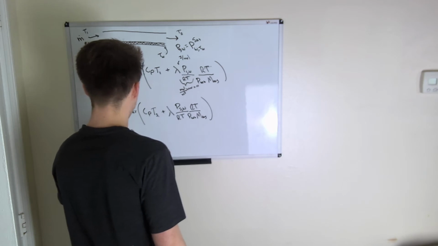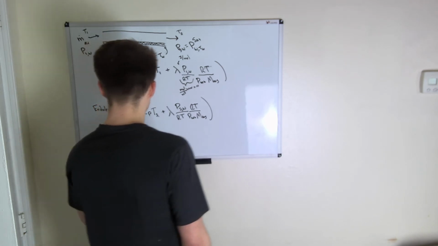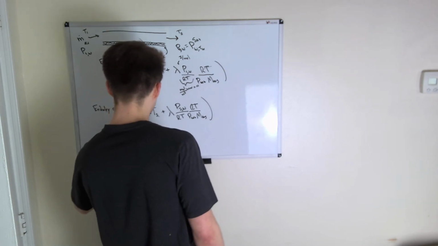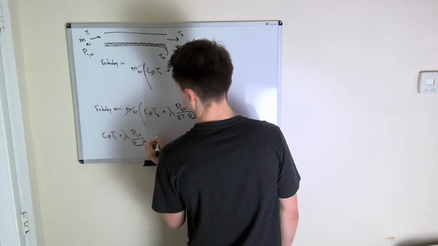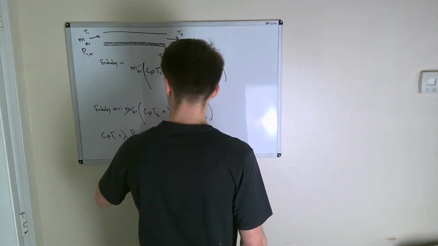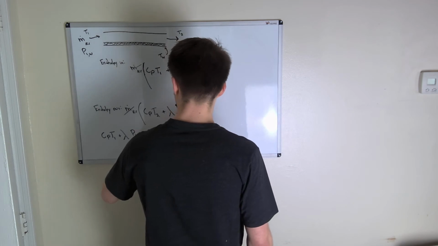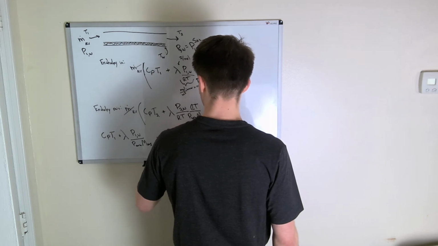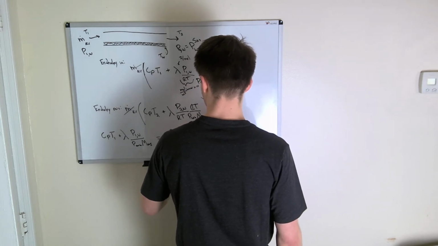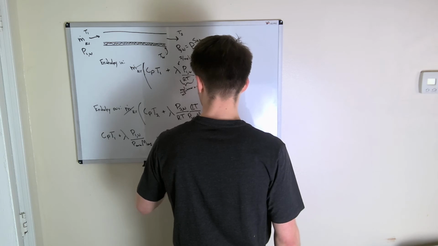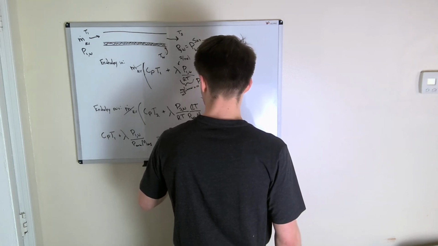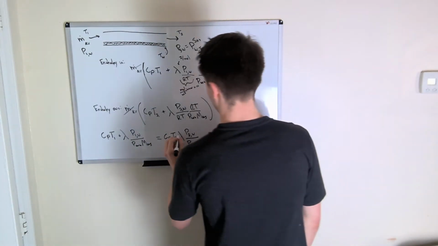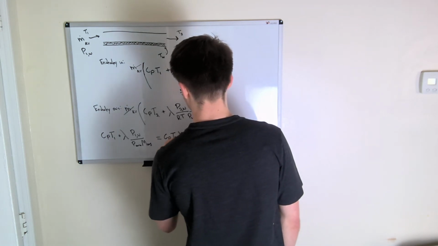And then our partial pressure of water vapor, the total times the average molecular weight. And that is equal to our outlet equation. Got a plus right there.